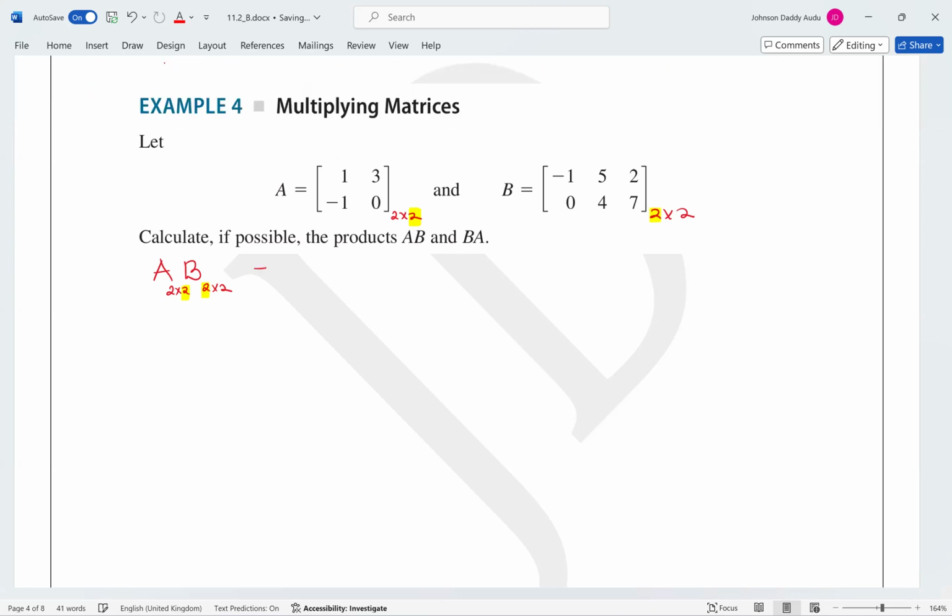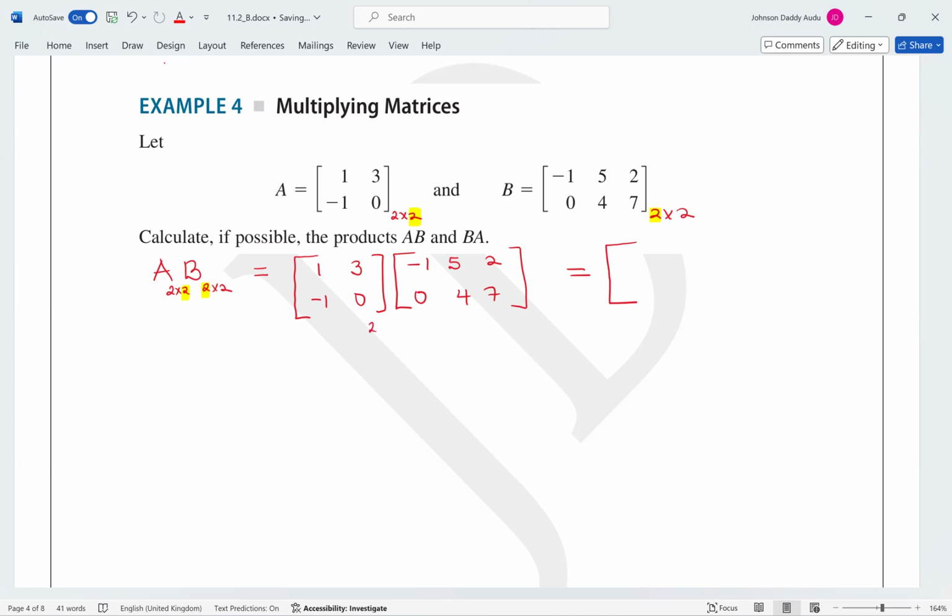And how do you find AB? All you need to do is you do this. This is 1, 3, minus 1, 0, and you put this together with minus 1, 5, 2, 0, 4, 7. Now, what will be the dimension of AB?